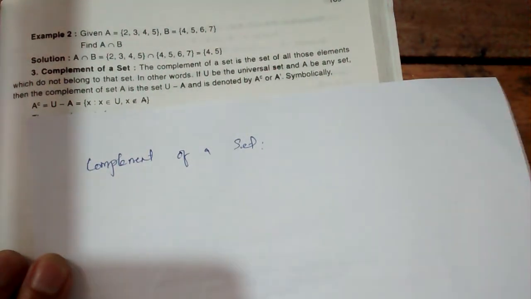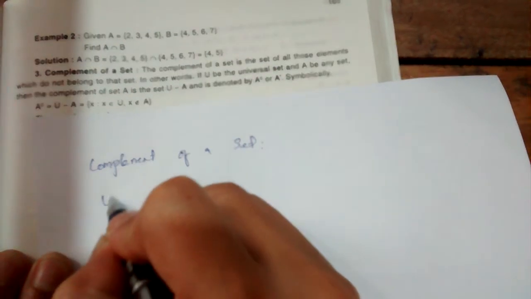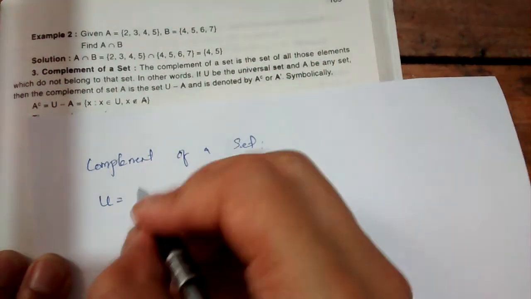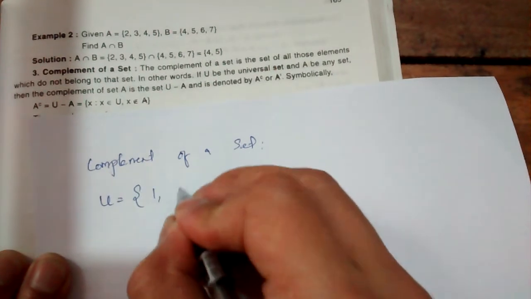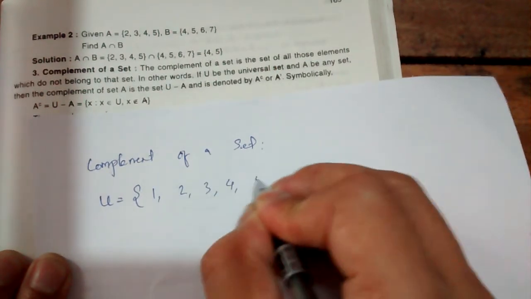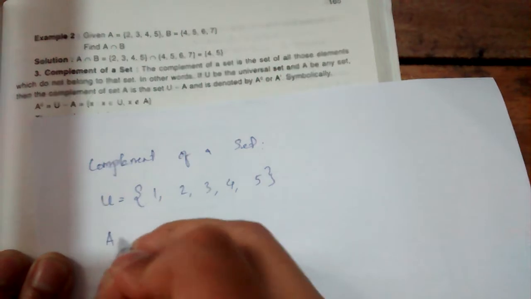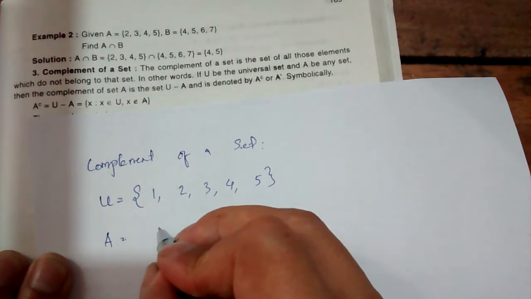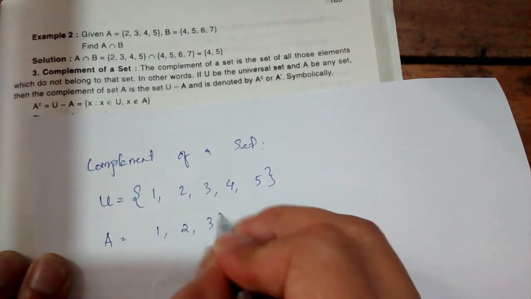Okay, let's say that the universal set contains the elements 1, 2, 3, 4, 5. But set A, there's only one set and it contains 1, 2 and 3. Got it?